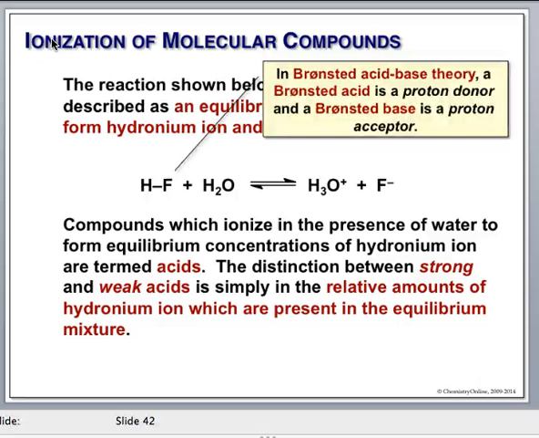A Bronsted base is a proton acceptor. So in this reaction, HF is a Bronsted acid donating a proton. The thing accepting the proton is water, and it's a Bronsted base.